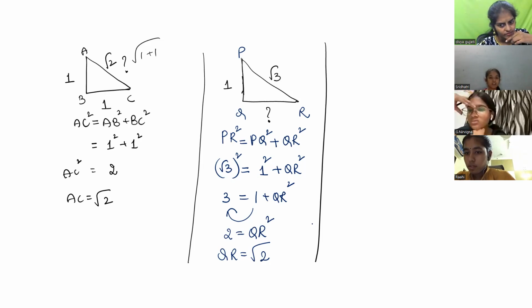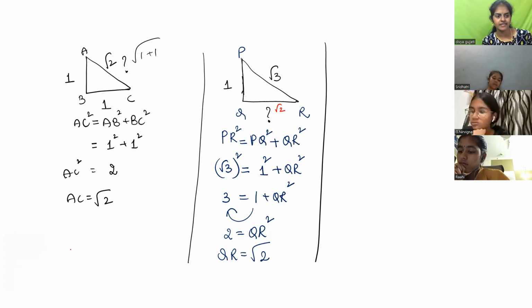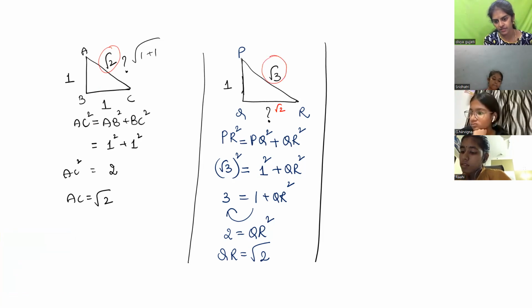I got confused near the root. I did till root 3 whole square. Okay, so a calculation part. No problem. So this was root 2. Basically, we are representing root 2 on the number line, root 3 on the number line.